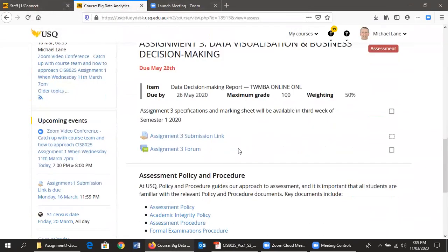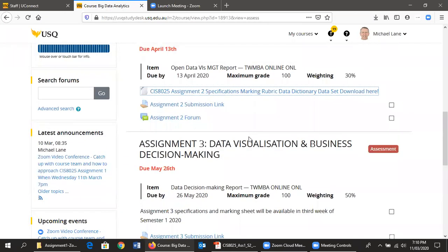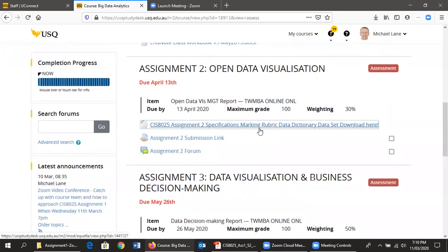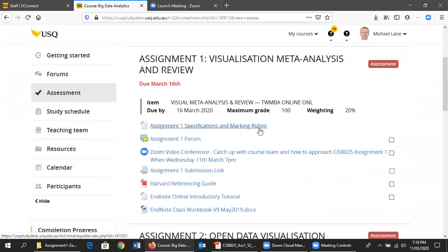There'll be a link there. The major assignment is due towards the end of the semester, on the 26th of May. One thing to mention with assignment 3: you will build on the data set and the work you do with Tableau, but there'll also be some other activities to complete.